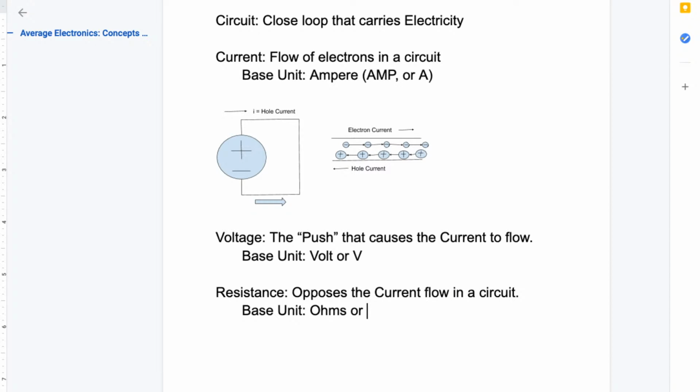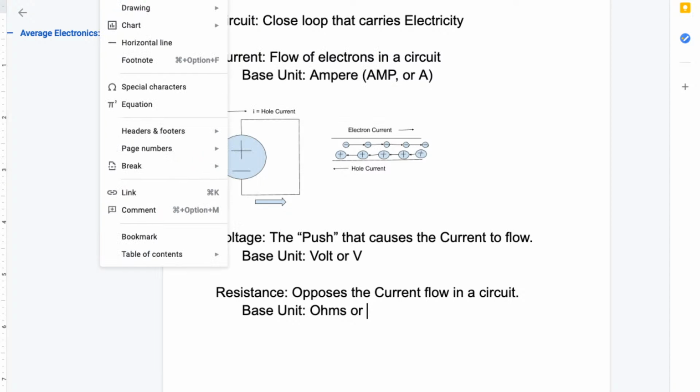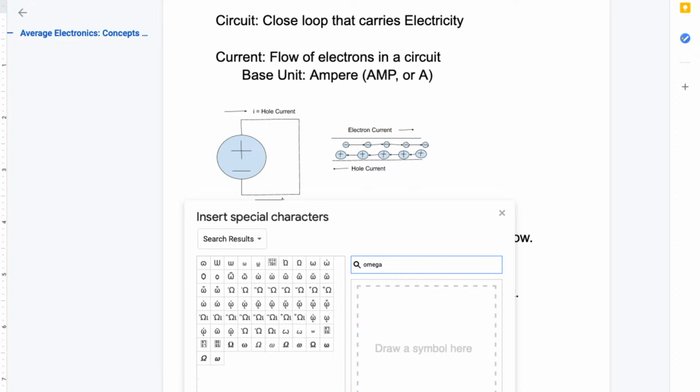What's that special format? I literally just did this beforehand. Oh man. Omega. And this symbol is known as the capital omega.